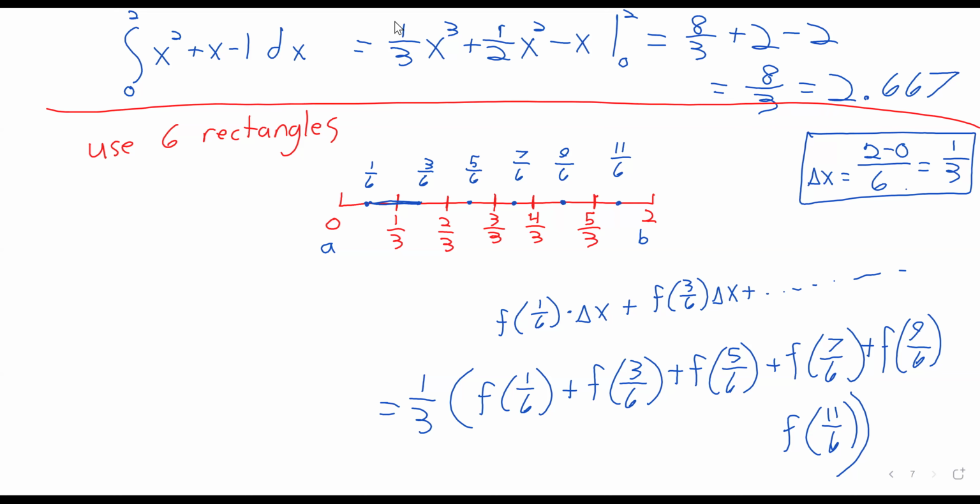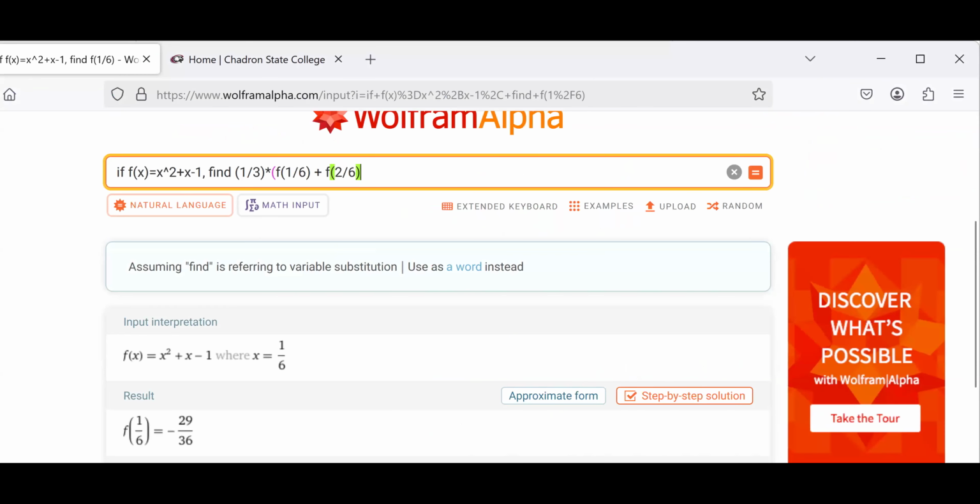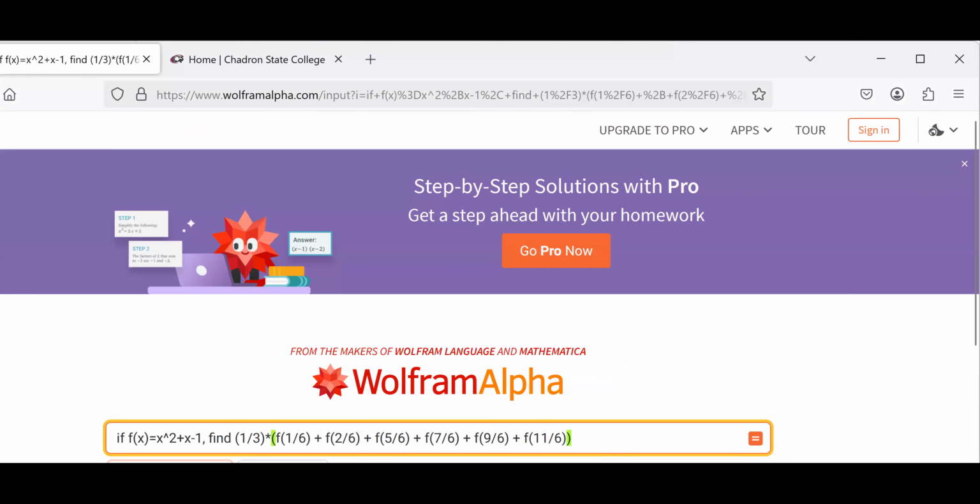Let me also share this. F of 2/6 plus f of 5/6 plus f of 7/6 plus f of 9/6 plus f of 11/6.